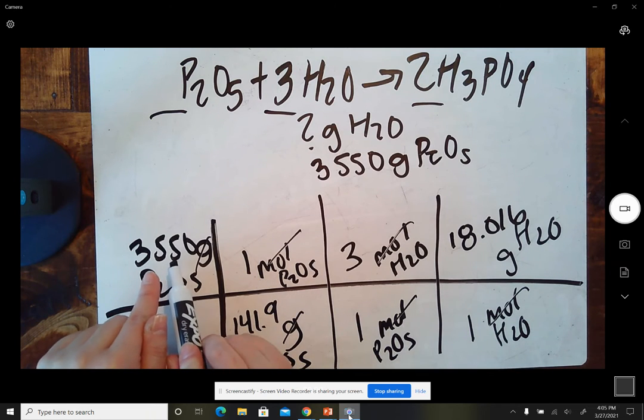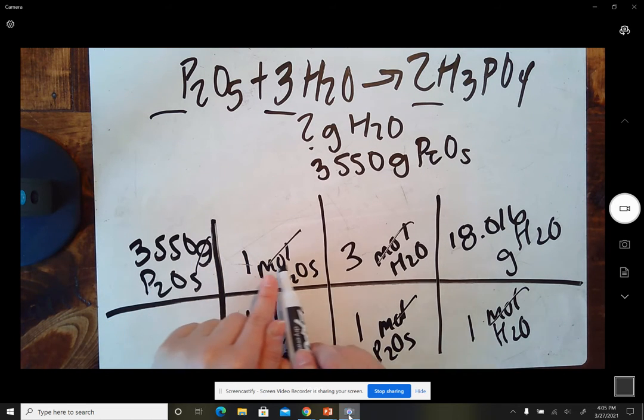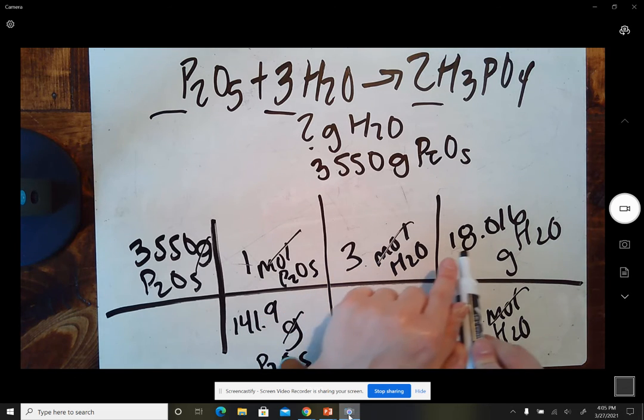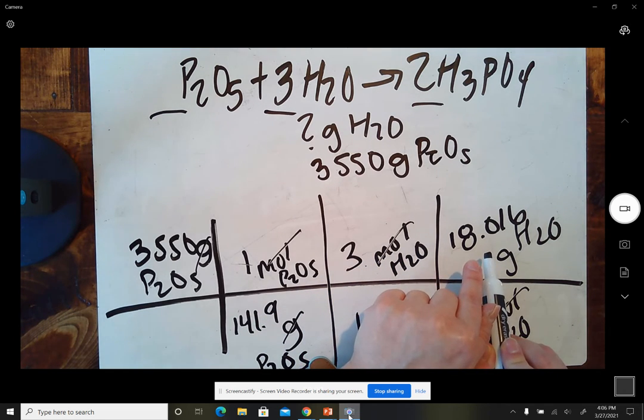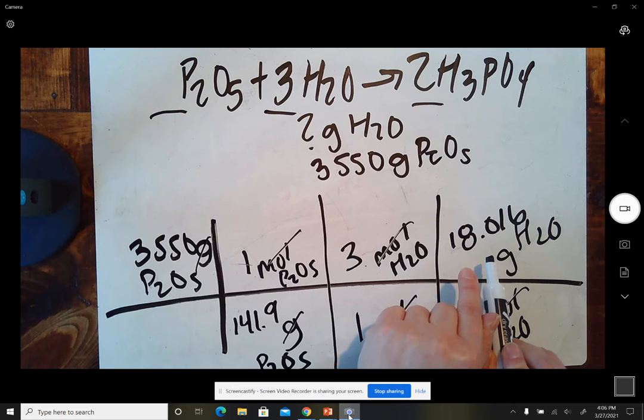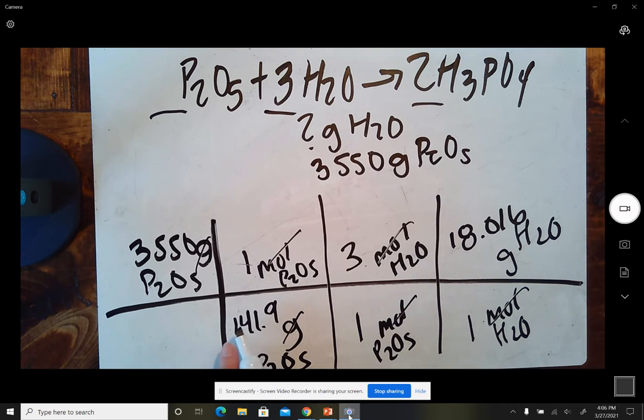You take 3,550 times 3 times 18.016, hit equals, and then you divide that by, well, only divide it by 141.9. There's your answer.